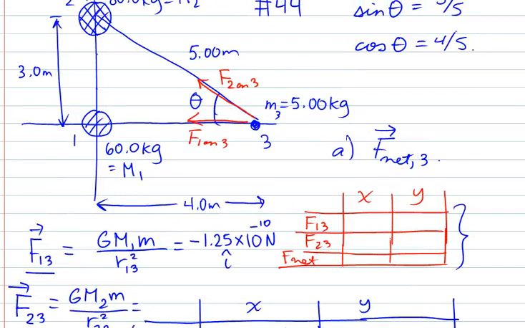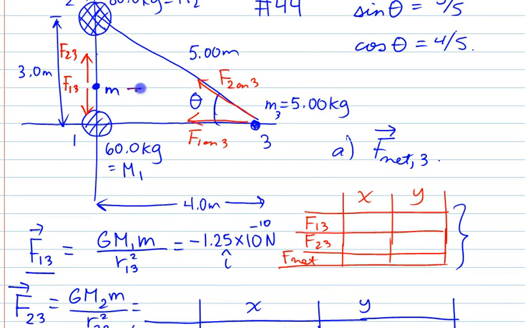In other words, is there a place where we could put a test mass, a mass little m, so that the net force would be 0? Again, what we would have is the force of 1 on 3 and the force of 2 on 3, and we would want those to be equal and opposite.